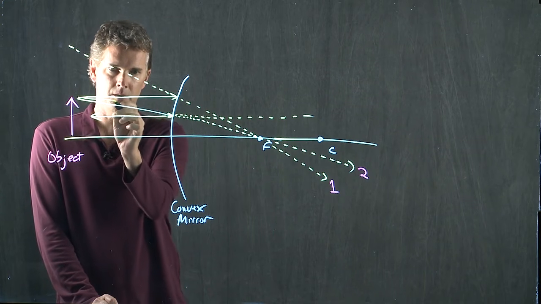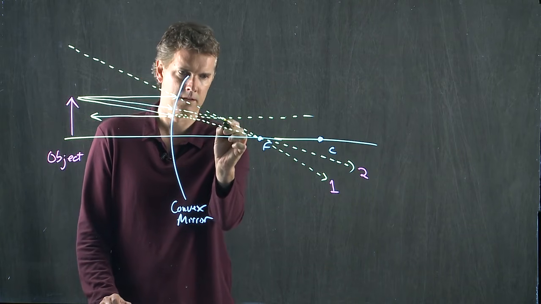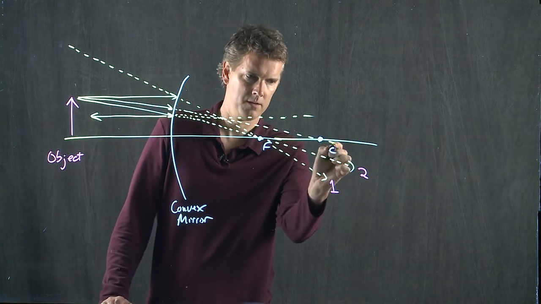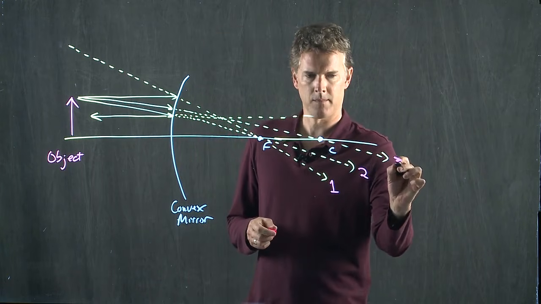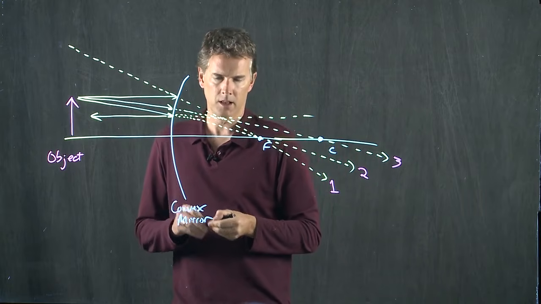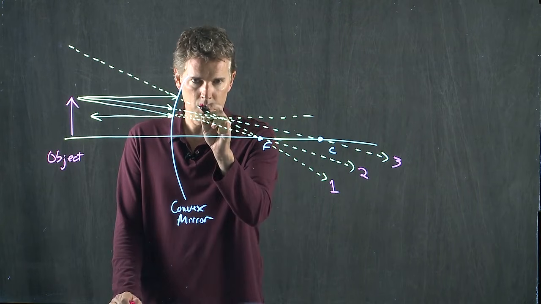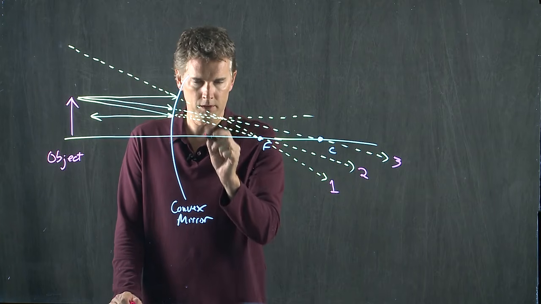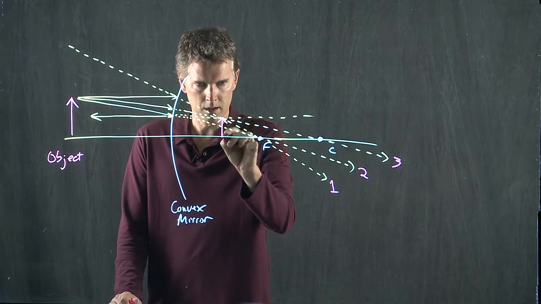And if I go towards the center, off it goes. That's ray number 3. And now this is a little hard to see, but hopefully you can see that those 3 virtual rays all look like they are intercepting each other right there.